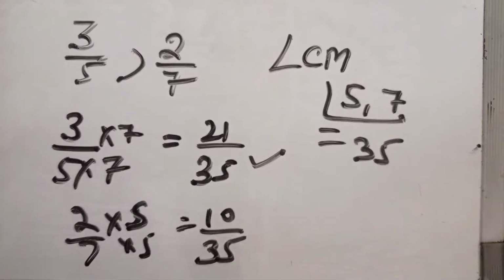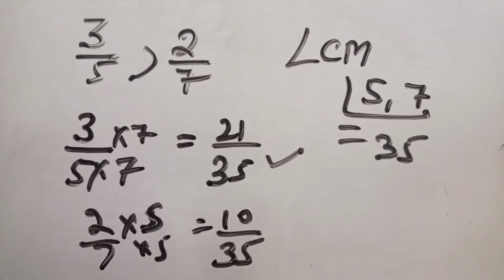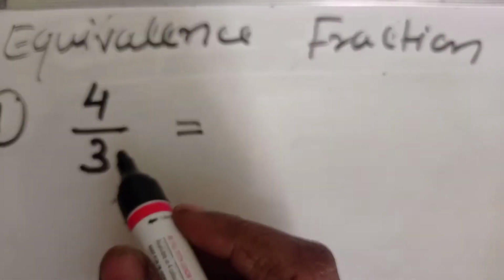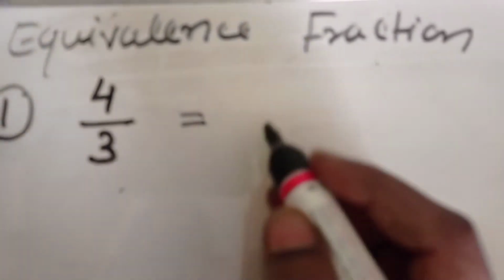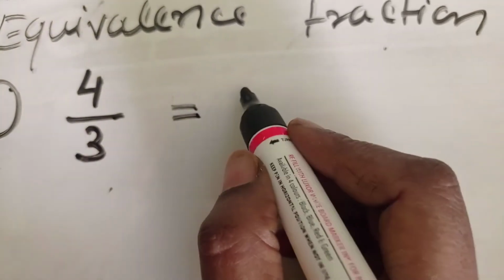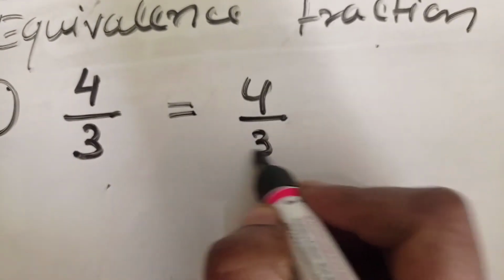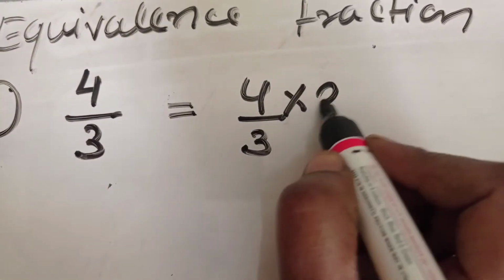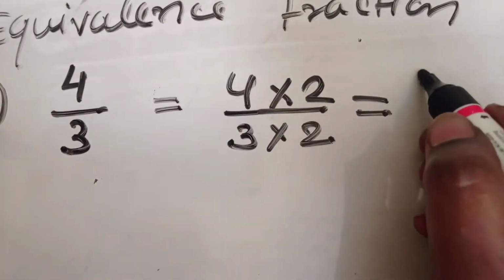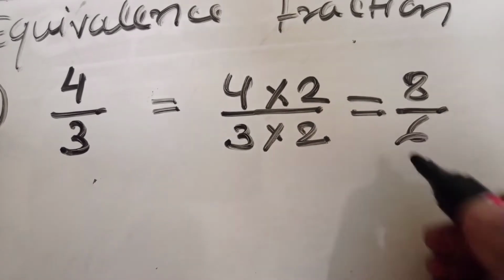Now hope you learned the comparison. Now learn equivalent fractions. How to get an equivalent fraction of 4 by 3? This is very simple. To get an equivalent fraction of 4 by 3, we simply multiply the denominator and numerator by the same number. Here we multiply by 2 and 2, so we get 8 upon 6.